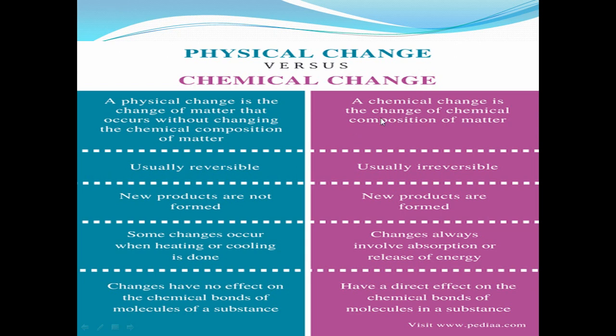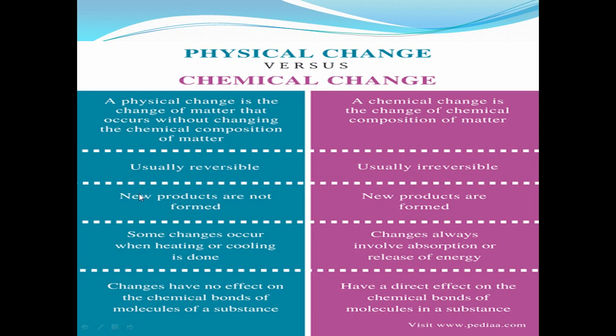No, it must be changed. What about the physical change? Sometimes or usually reversible. What's meant by reversible? For example, the paper, after cutting the paper, by glue you can change it again into the big one. But in this case, no, you can't. So usually it is irreversible. You can't get the ash and change it again into wood.